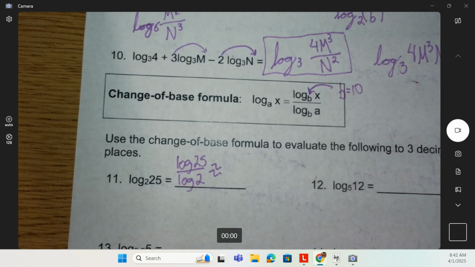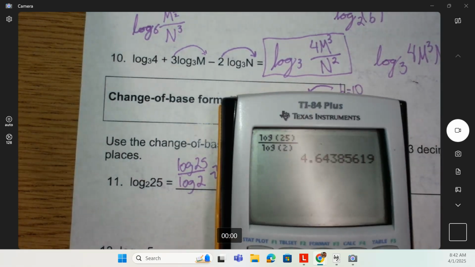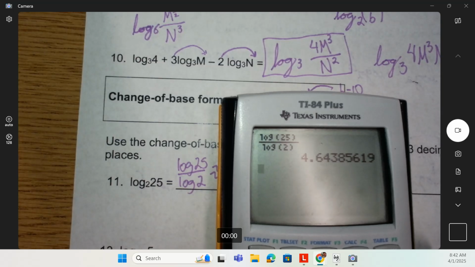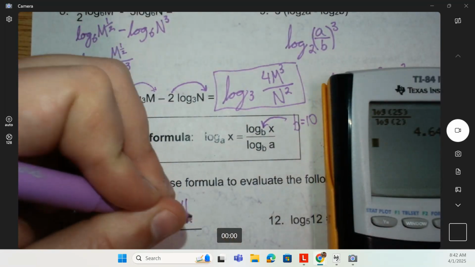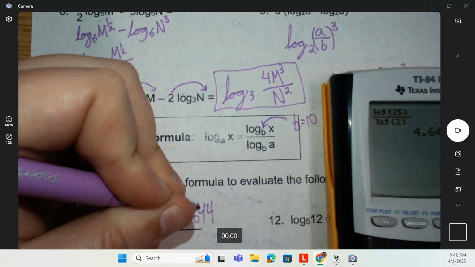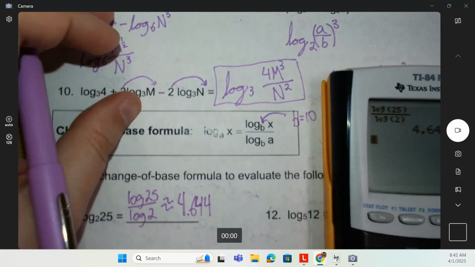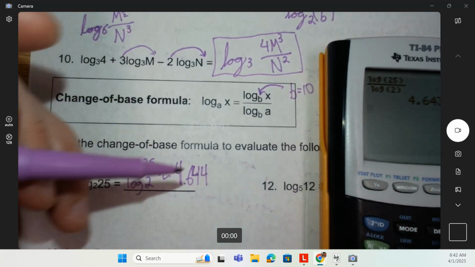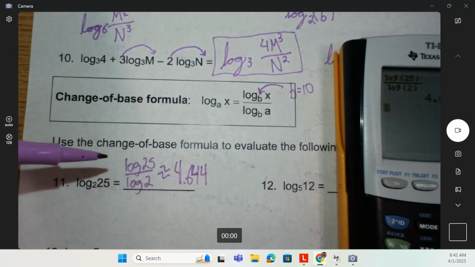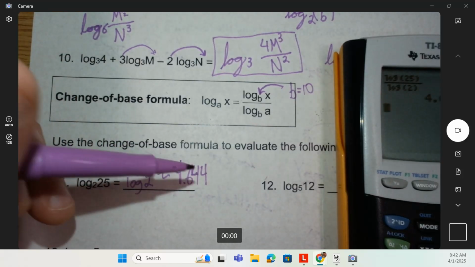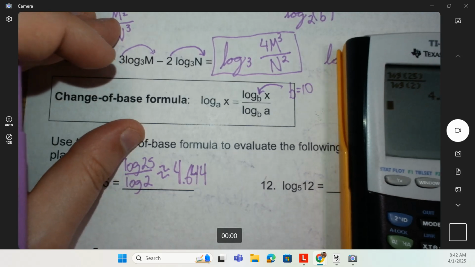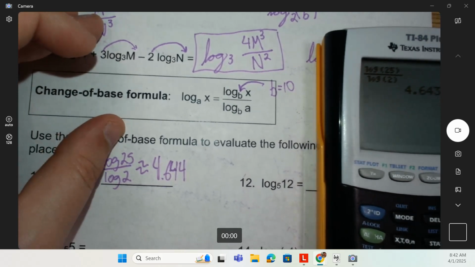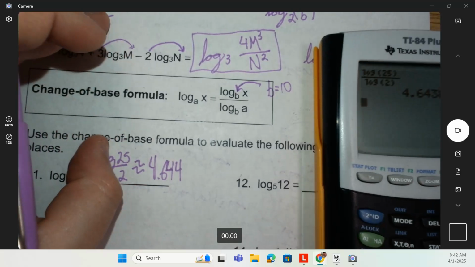And if I type that in, I've got log 25 over log 2, and that'd give me 4.644. So again, a little bit of an estimate, but working with those power rules, normally this is the output of, if you're looking at difference in sound decibels or pH scale, you would use that right there.